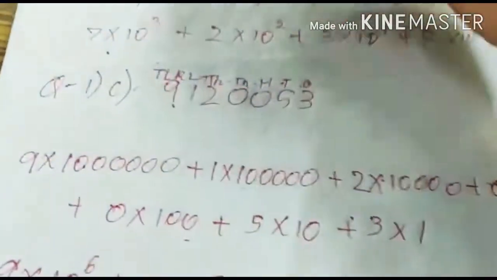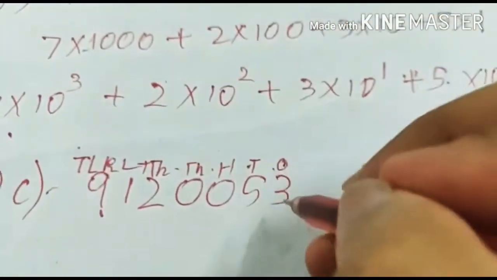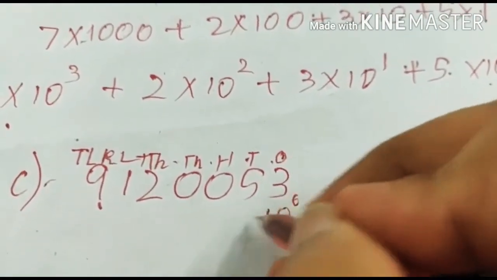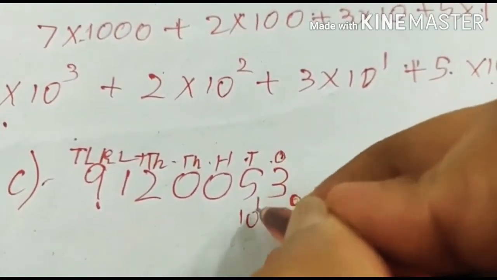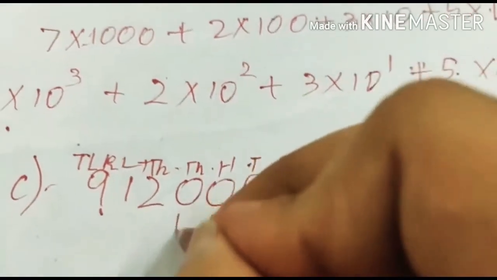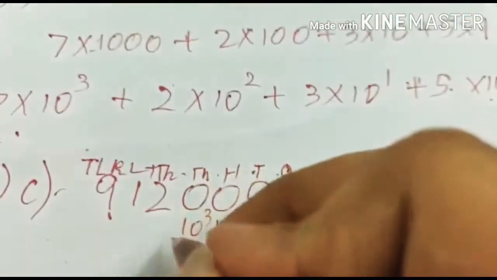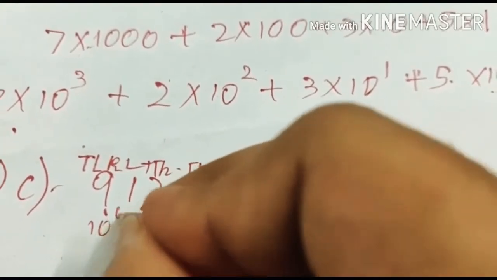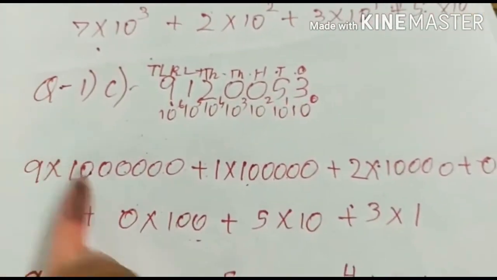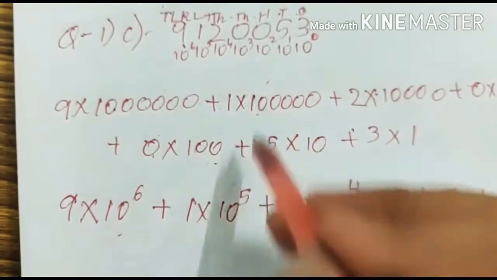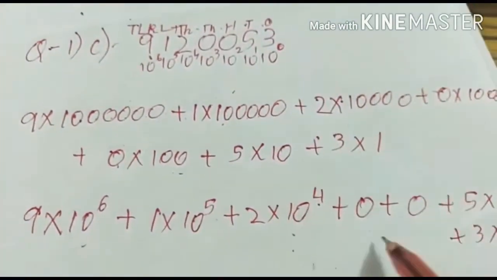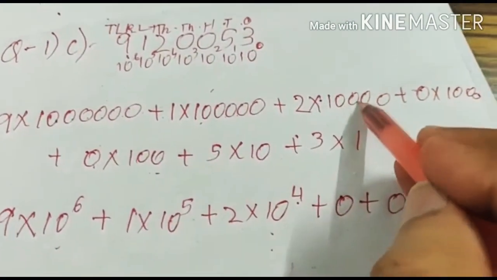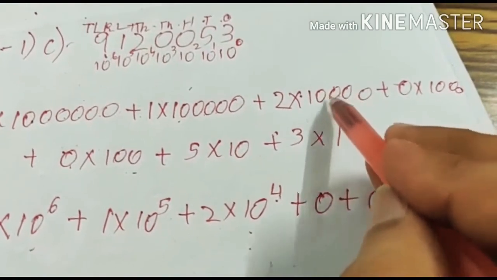Here also we wrote 10 to the power 0, 10 to the power 1, 10 to the power 2, 10 to the power 3, 10 to the power 4, 10 to the power 5 and 10 to the power 6.